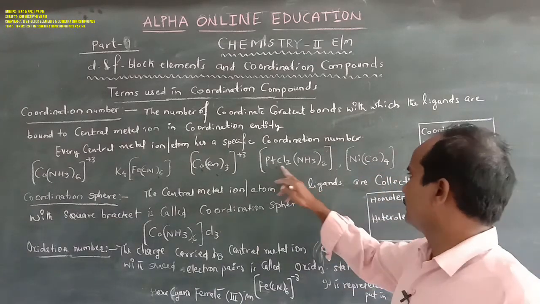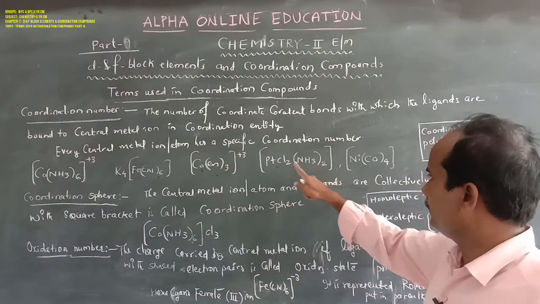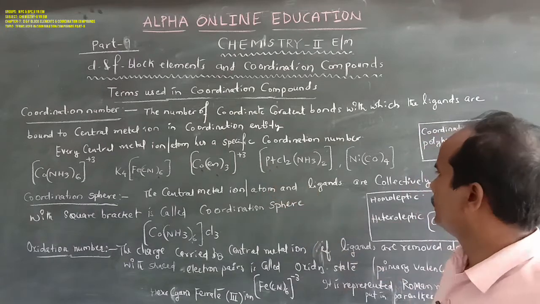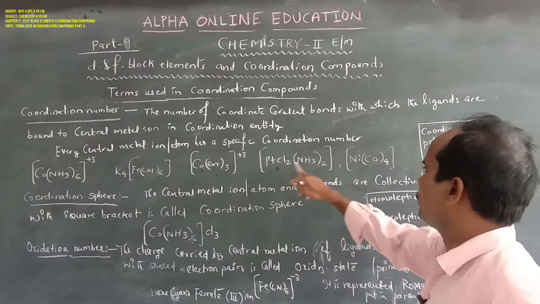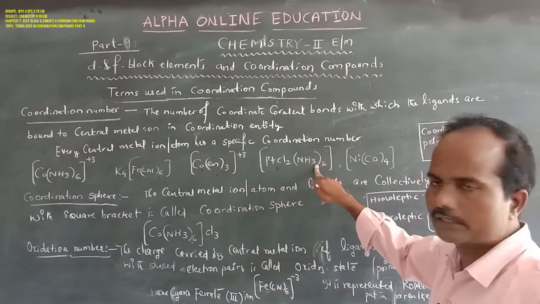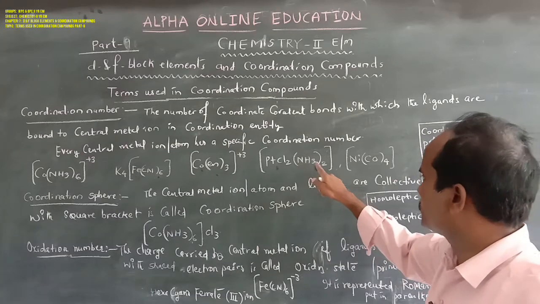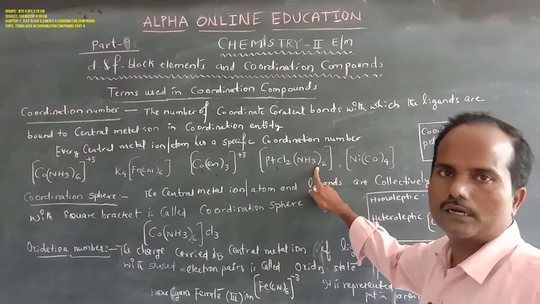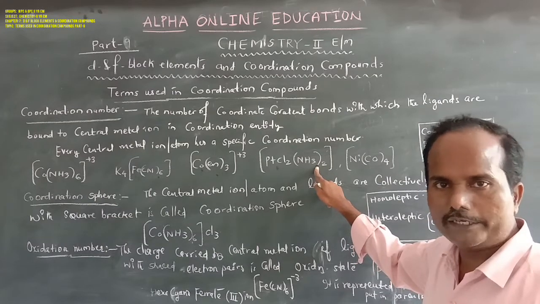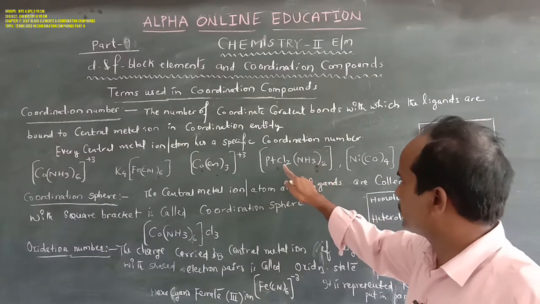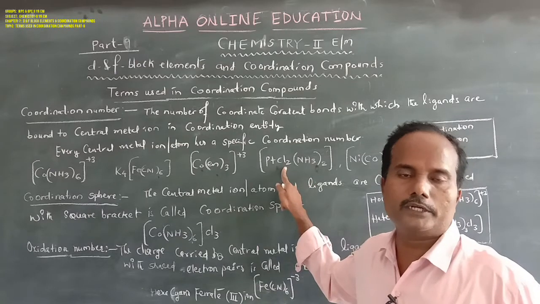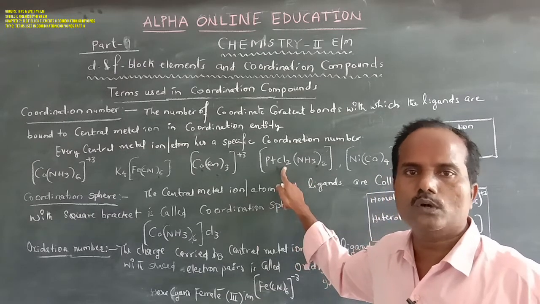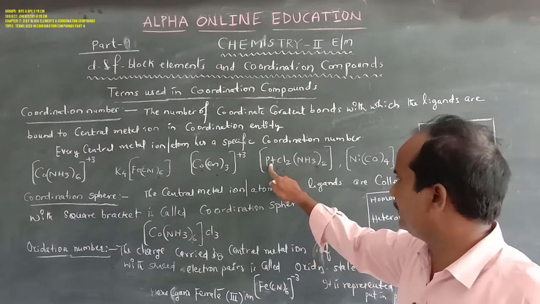Then next one is diamminedichloroplatinum(II). Again the platinum coordination number is 4, because 2 ammonia molecules can donate 2 pairs of electrons and form 2 coordinate covalent bonds, and the 2 chloro ligands can donate 2 pairs of electrons and form 2 coordinate covalent bonds with the platinum.